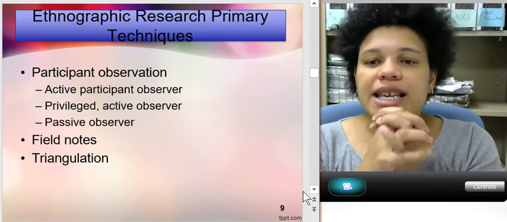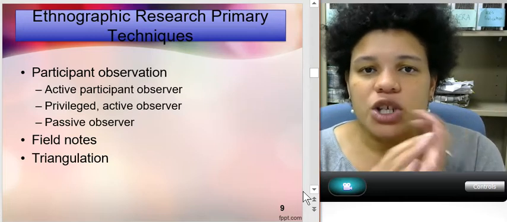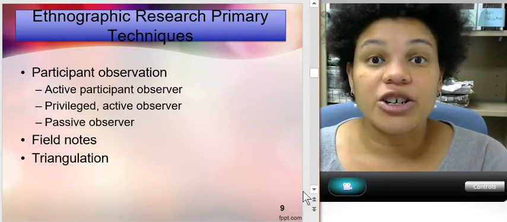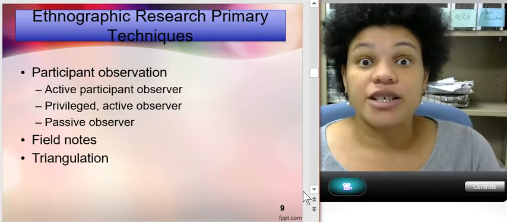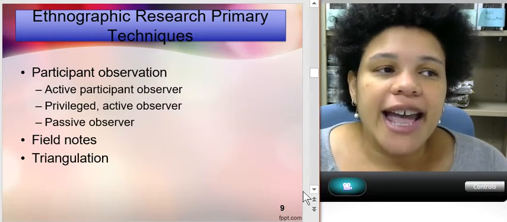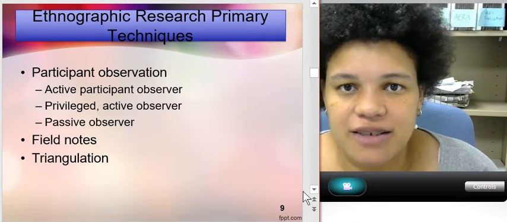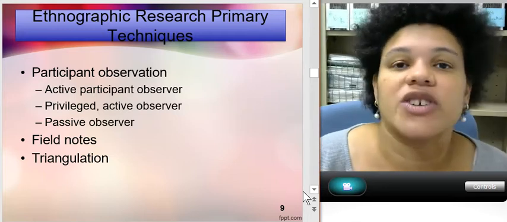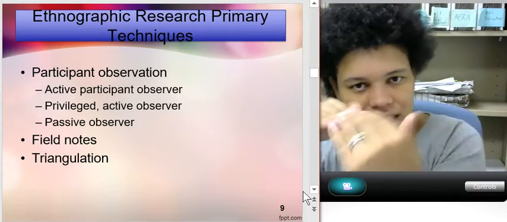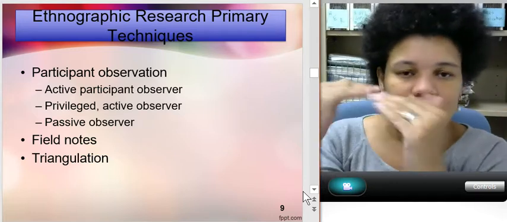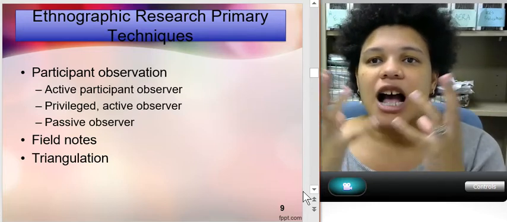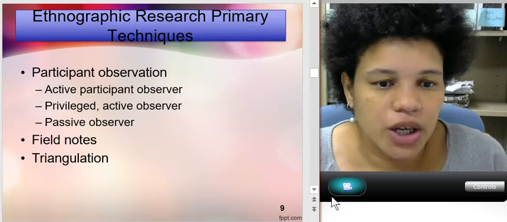So we see one interaction between a teacher and student, and we're writing our notes about what happened, or typing up after, like a brain download. And then we see another interaction between a teacher and a different student, and we see another interaction. And based on all these points of data coming together, then we can offer an interpretation of what's going on.